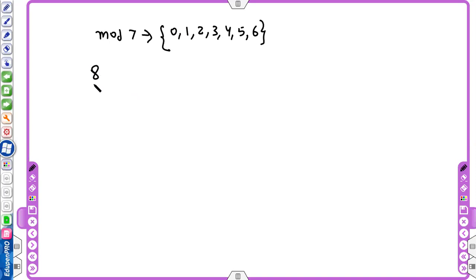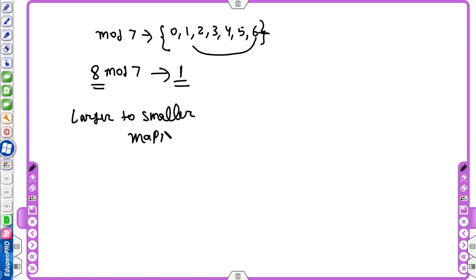Now if we want to read 8 mod 7, this is the cyclic ordering. Go back to the start: after 6, 7 will be 0 and 8 will be 1. So 1 is the answer, and this is called larger to smaller mapping.